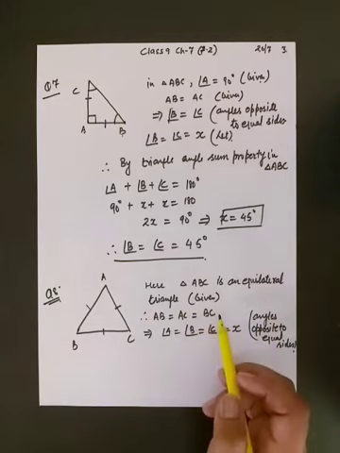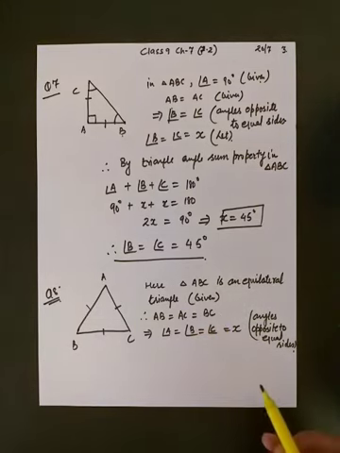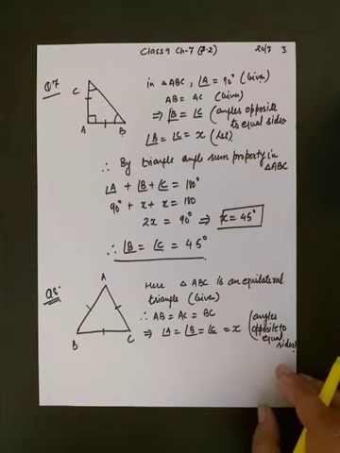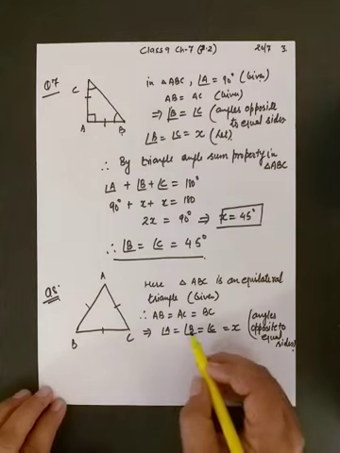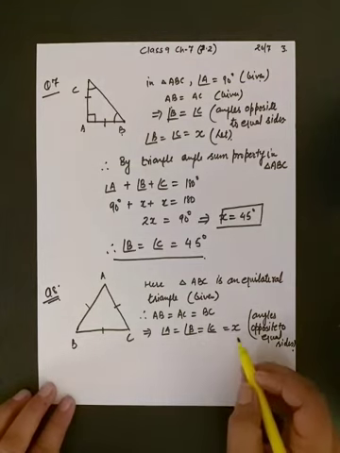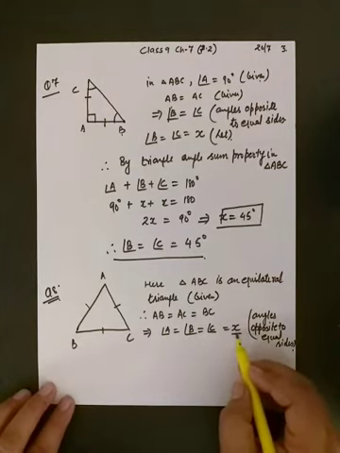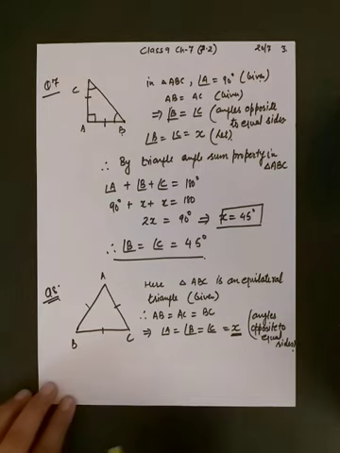Now the sides are equal, so we can say its angles are also equal, because we know angles opposite to equal sides are also equal. So now three sides are equal. That is why all the three angles of this triangle are also equal, and here we have assumed that each angle is equal to x.